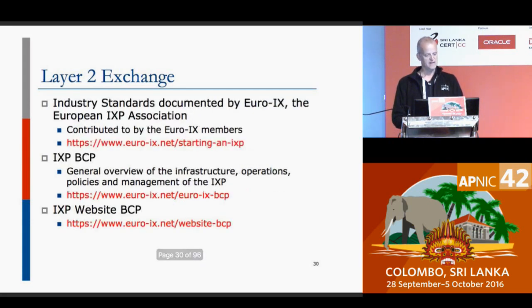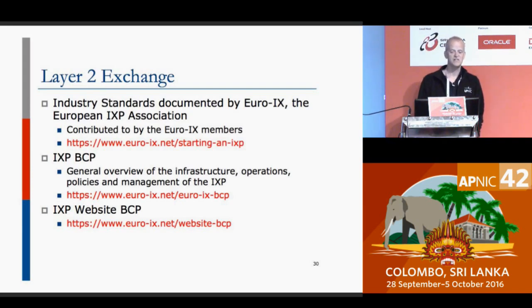What else? Industry standards. Well, the European Exchange Point Association have documented various standards, at least applicable to their membership. I'm not saying that they work everywhere around the world, but this is a starting point. The folks who actually run IXs probably have a pretty good idea how to run IXs.